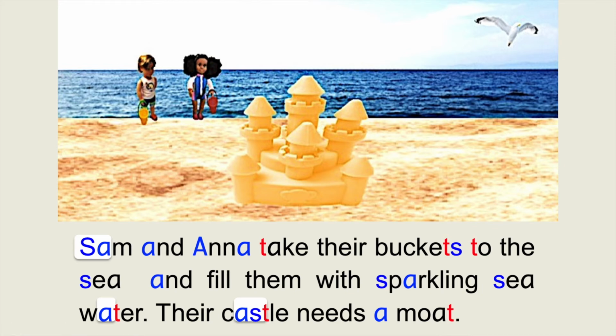Shall we try that again? So where we have a white card, we can blend. Let's practice our blends first. Sa. Say sa. And here's another. At. At. And the last one. Ast. Ast. Are we ready?